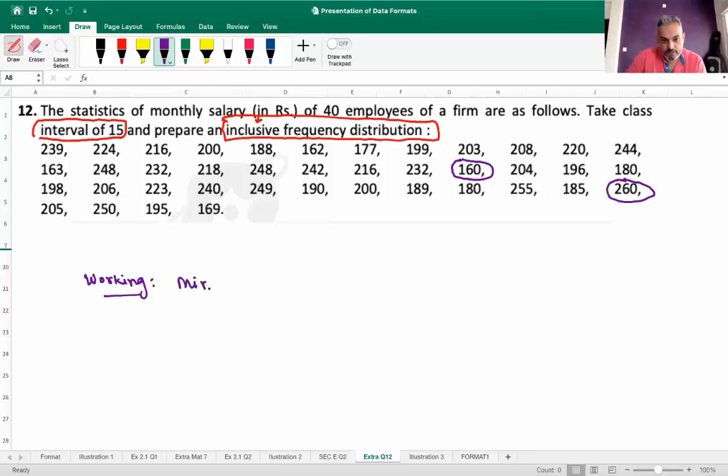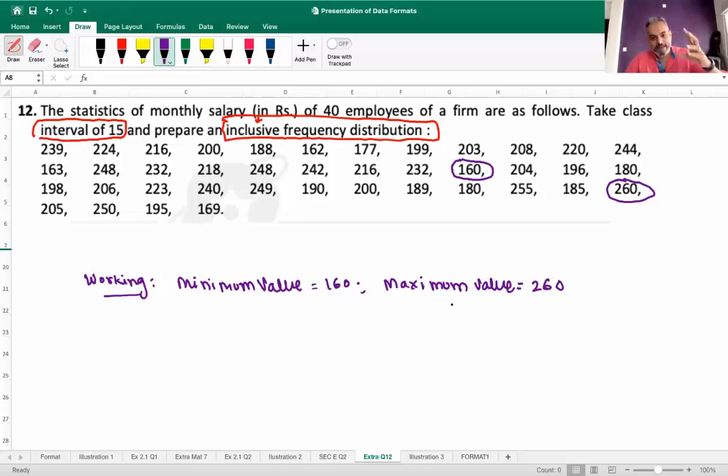Minimum value is equal to 160 and maximum value is equal to 260. So we want to make classes such that we cover 160 also and 260 also. Class interval means class length is already given 15.